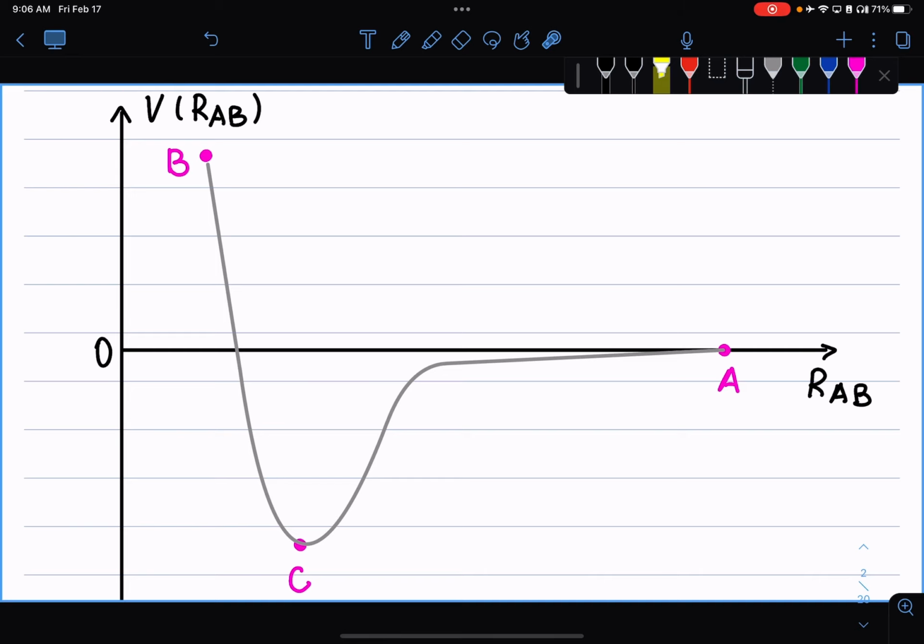On the y-axis, we have the potential energy between these two atoms, like how these two atoms are feeling each other. So let's start from very infinitely apart. We're putting these two atoms infinitely apart from each other, one on the Earth, one on the Moon, if you may. So that's our point A here. So we have our HA and our HB.